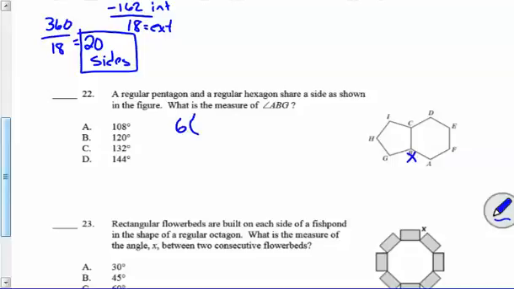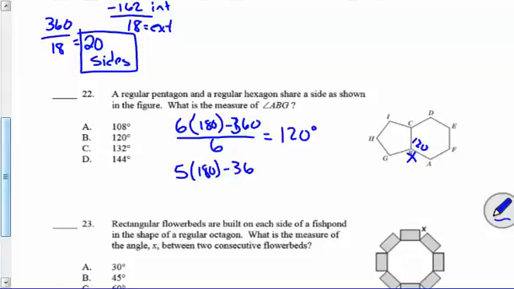Hexagons are 6 sides times 180 minus 360, divided by 6, and I'll get an angle of 120 degrees. So I know this has to be 120. And then I have a pentagon, so 5 times 180 minus 360 divided by 5 will equal 108.